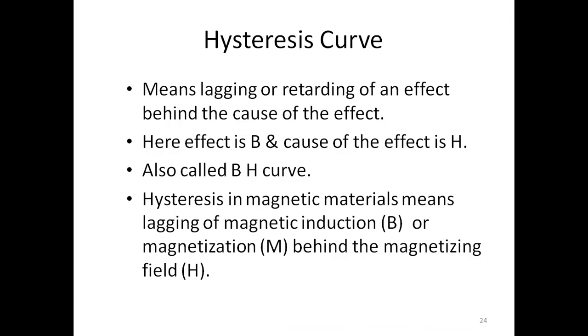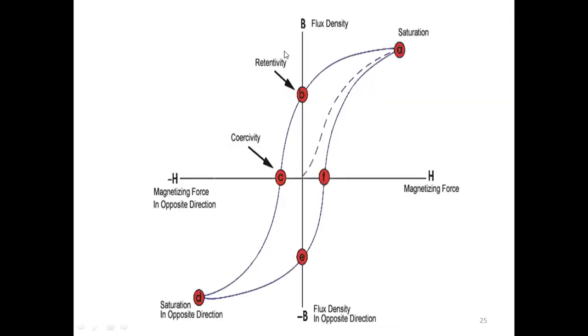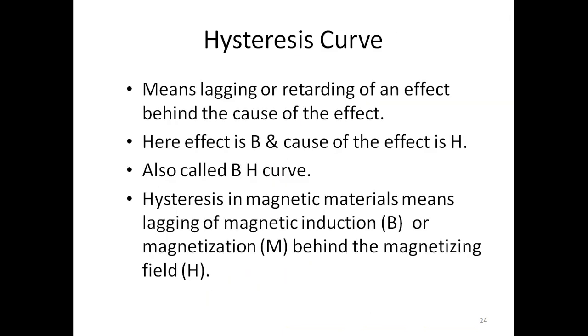We consider that external magnetic field to be H here, and the magnetic induction to be B or M. The lagging of this induced magnetism behind the applied magnetic field we call the hysteresis curve. It looks like this. First of all, one should know this important parameter.